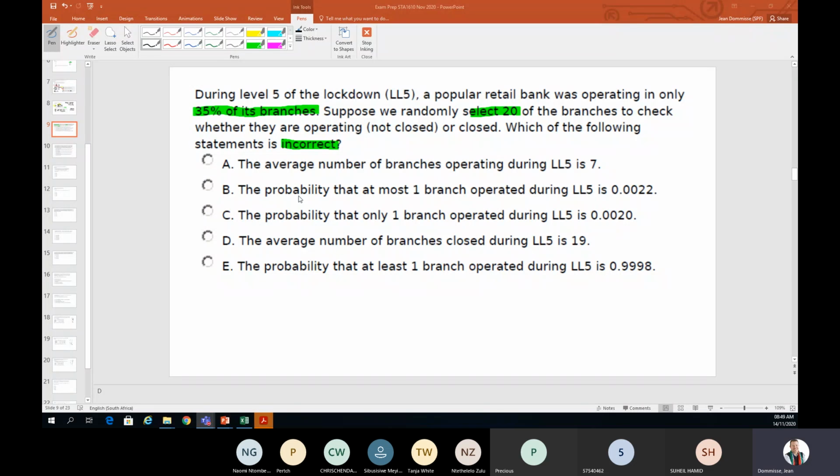Great, binomial. The reason is they're asking whether something is operating, so not closed or closed. You always just have two options. Is it open or is it closed? So we're working with binomial.